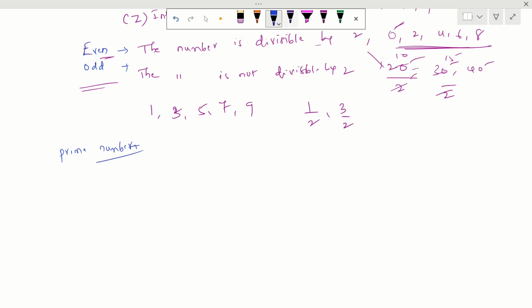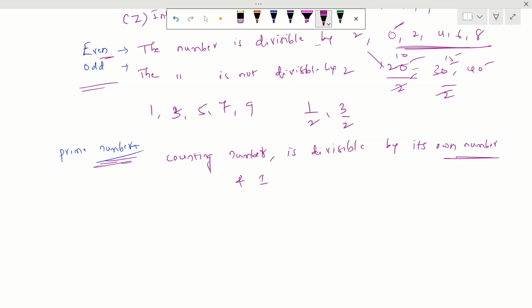A prime number is a counting number which is divisible by only its own number and 1.